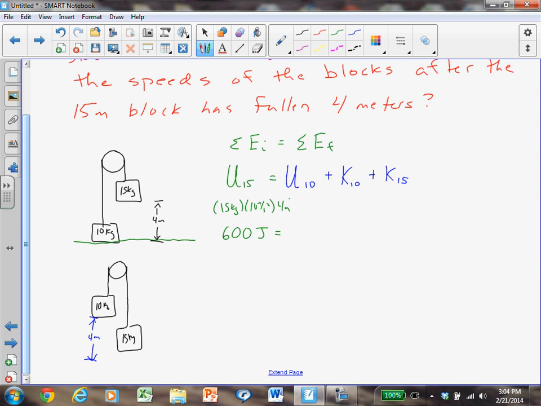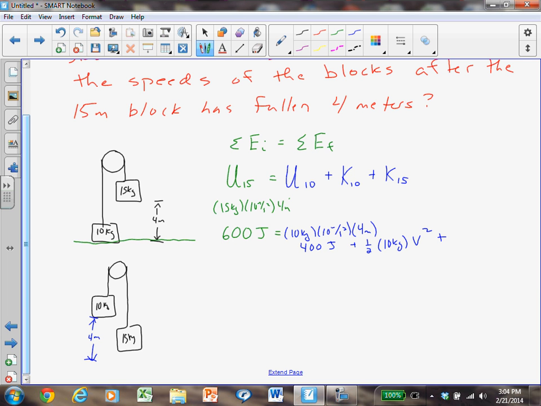That would equal the U10, which is going to be 10 kilograms times 10 meters per second squared times 4 meters, or 400 joules, plus one half times 10 kilograms times the velocity squared, because they're both moving at the same velocity.